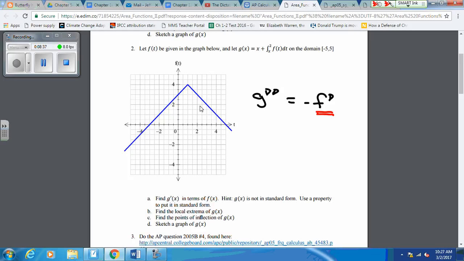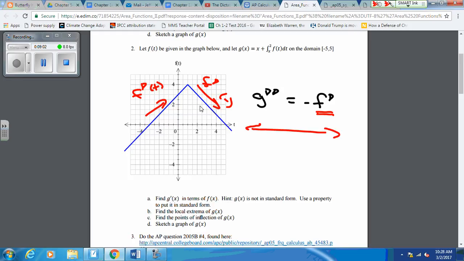Think about what F prime is. It is the slope of F. And since I'm looking at the graph of F, I can see its slope. So the slope of F is positive. The slope of F is negative. And G double prime is the opposite of whatever that is.